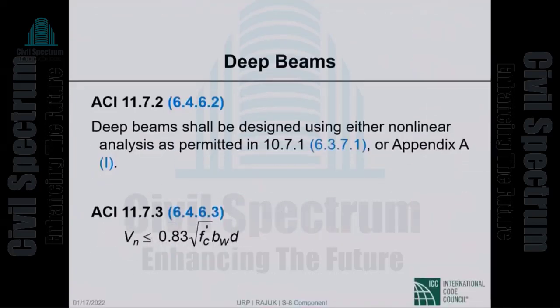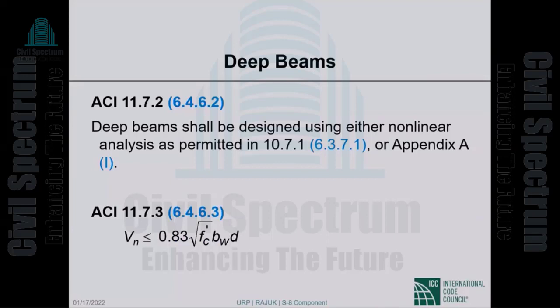Deep beams shall be designed using either nonlinear analysis as permitted in section such and such, or Appendix A, which is the strut and tie model. So that's about all 318-08 tells you. Nonlinear analysis, because if it is a deep beam, plane sections don't remain plane anymore.